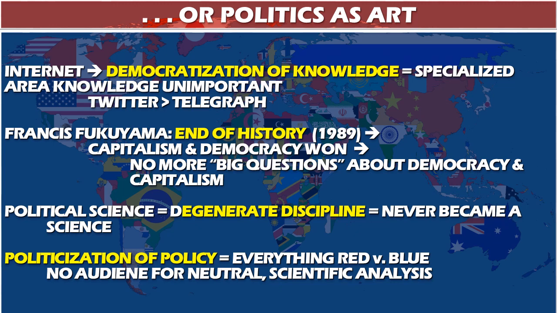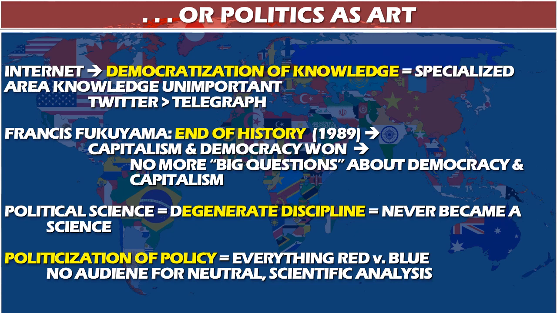For myself, I used to think that I was fairly well read in comparative politics. I knew a lot more than a lot of people, but really almost any high school student with access to the internet could know what's going on in a lot of different countries of the world and be a quick study. The second part is that these big questions are not big questions anymore because we've had what's called the end of history.